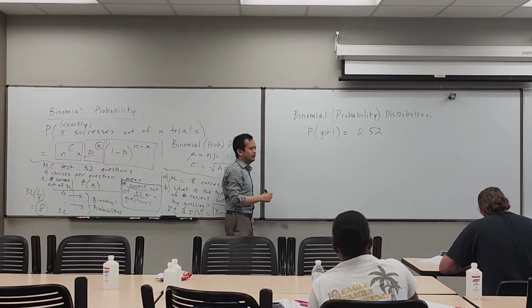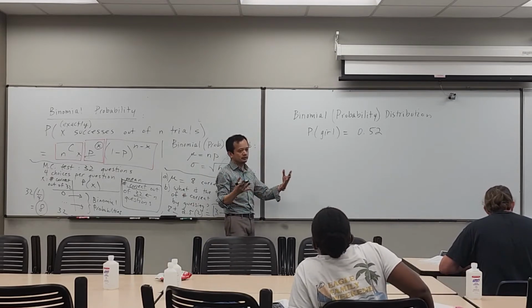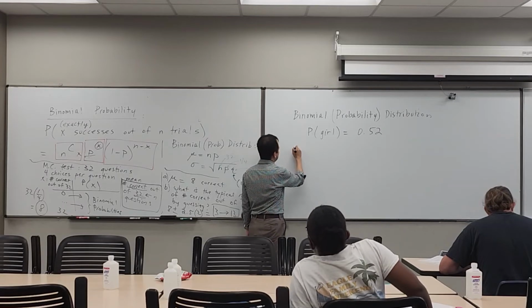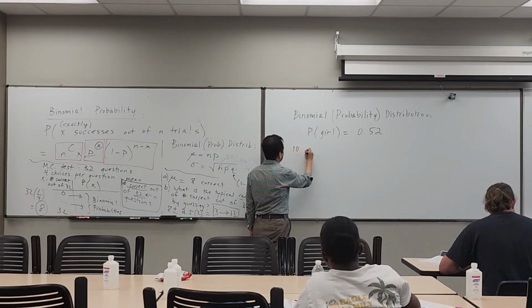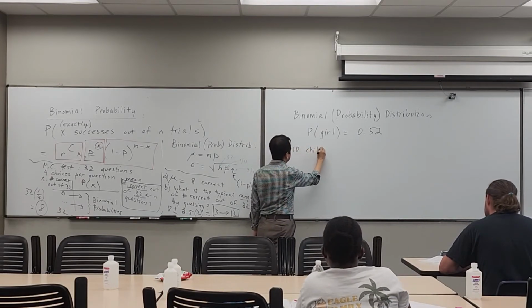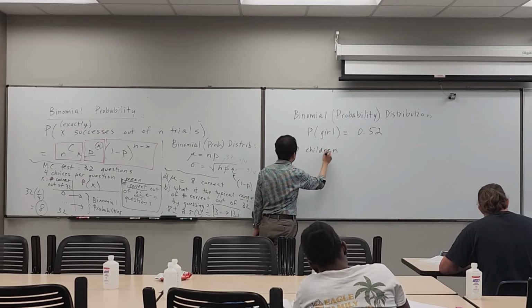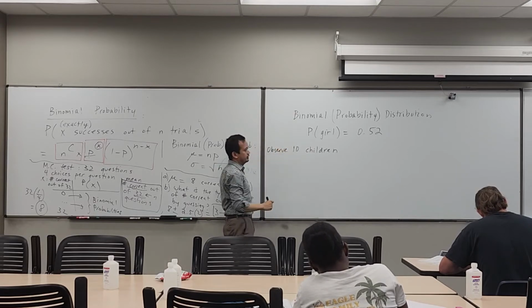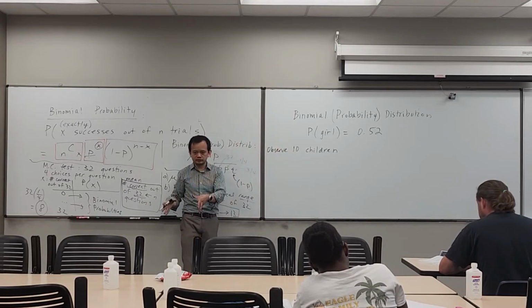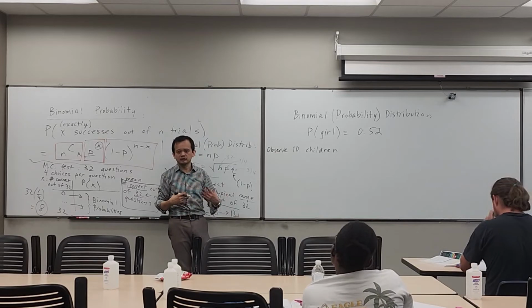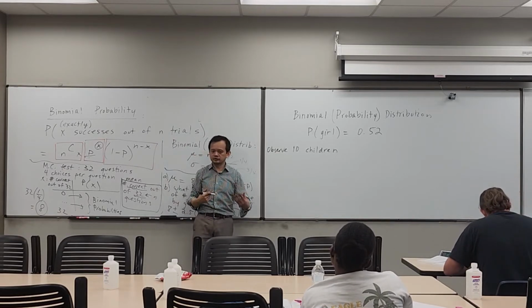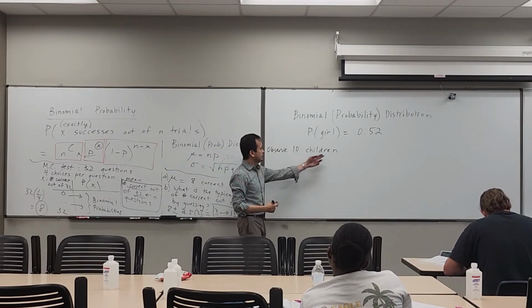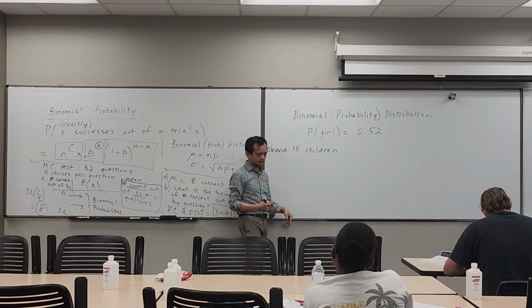And you want to know, if you're observing a sample of 10 children, and let's say you observe lots of samples of 10 children, and you count the number of girls in each sample, what would the average number of girls be in the sample of 10 children?